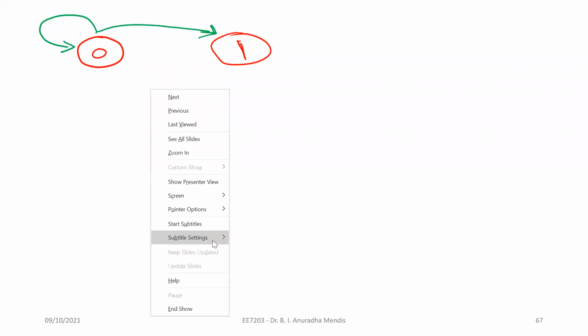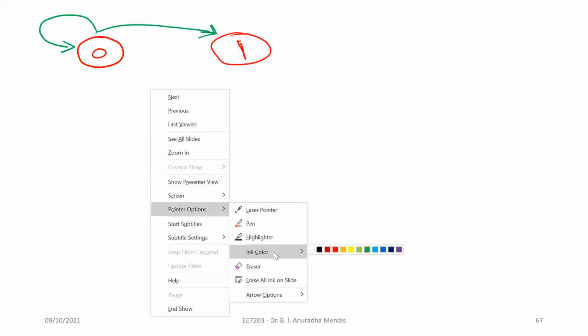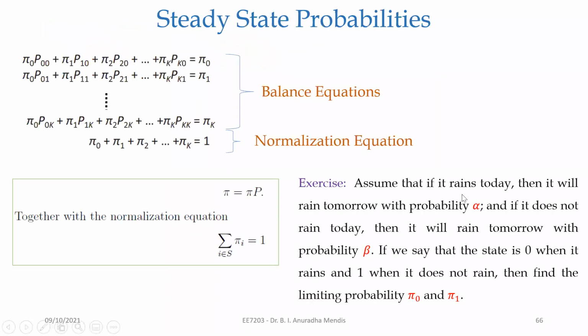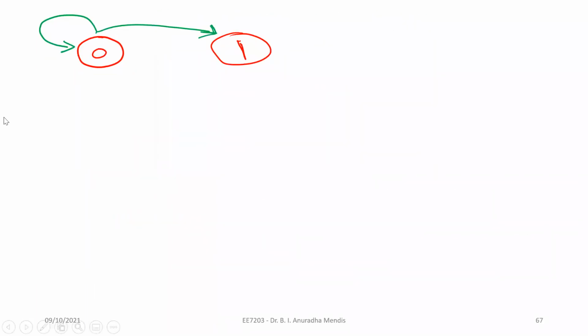There is alpha probability that we will again have rain tomorrow. That means this is alpha. So then this should be 1 minus alpha.